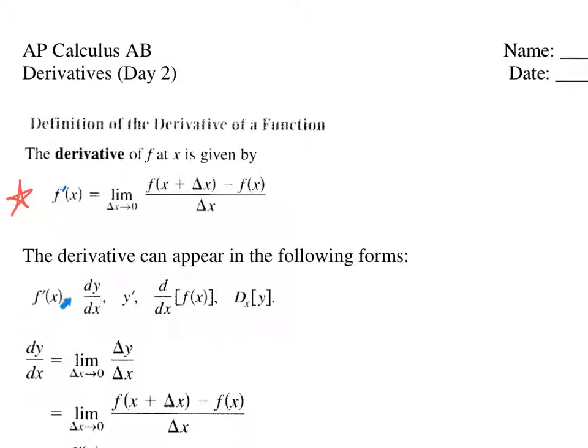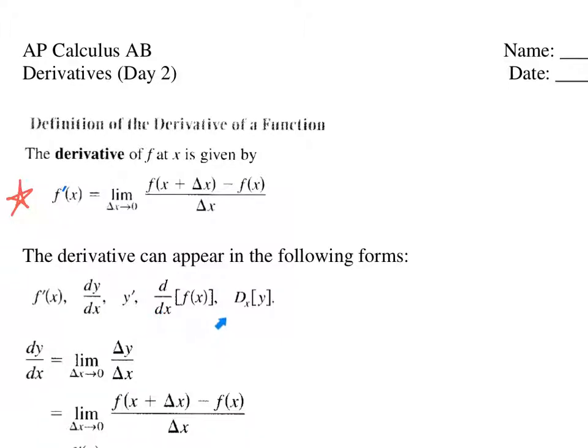Here is the derivative of y with respect to x. That's how you would read this notation here. The derivative of y, where y is some function, with respect to x. Another way of writing it would be if y equals f of x, you could just say it's y prime. Another way of writing it is if you don't want to call it y, you could say it's the derivative of f of x with respect to x.